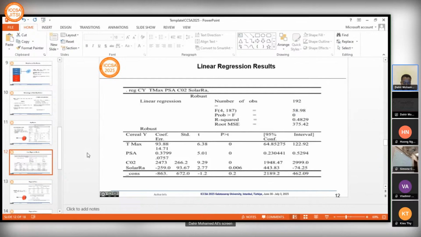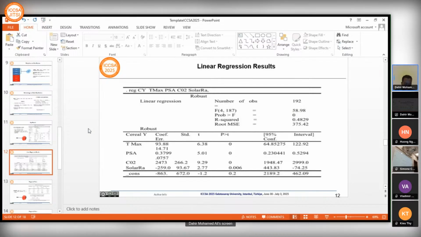The coefficient indicates that maximum temperature has a significant positive effect on cereal yield, with a coefficient of approximately 0.9. This suggests that within this model, higher temperatures are associated with increasing cereal productivity. Rainfall also shows a significant positive impact on cereal yield, with a coefficient of 0.3.